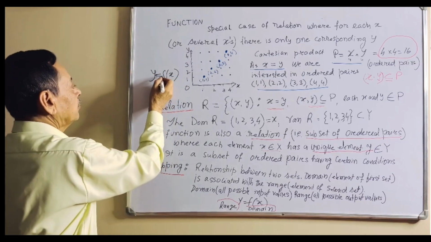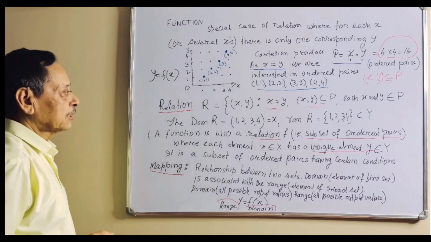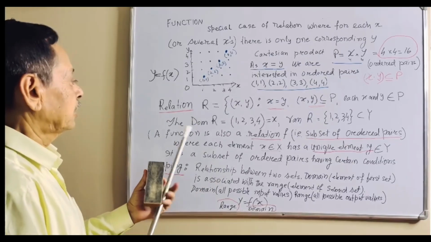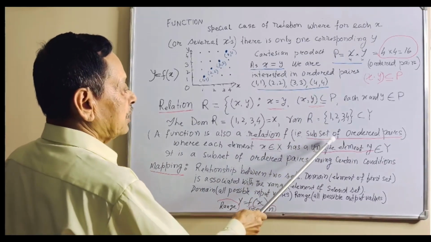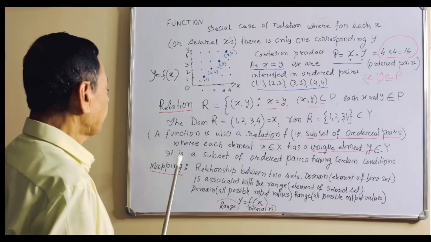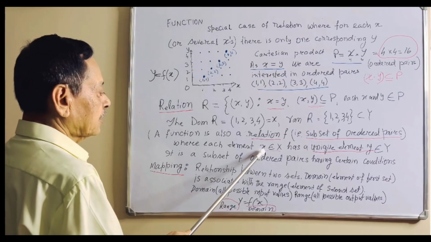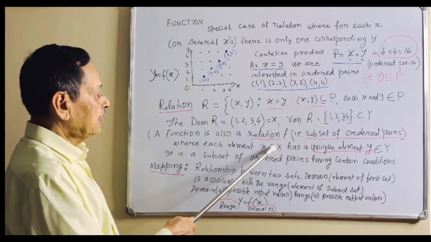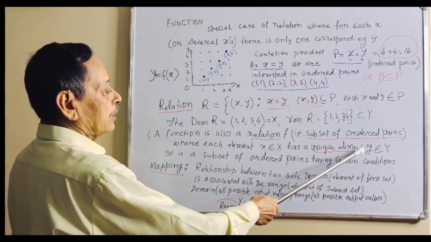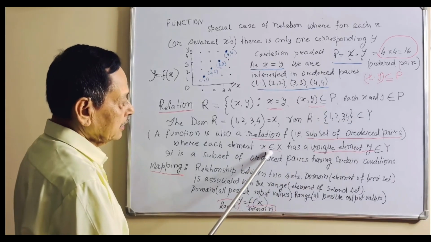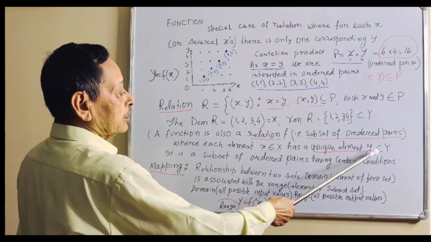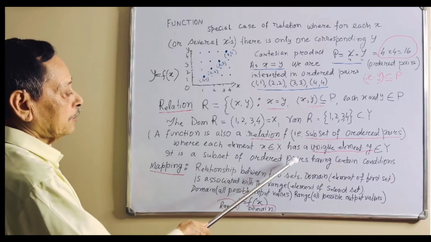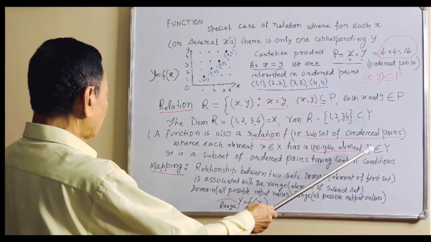So x is nothing but the relation here. That means a subset of ordered pairs where each element x included within x has a unique element y, which is included in y. It is a subset of ordered pairs having certain conditions.